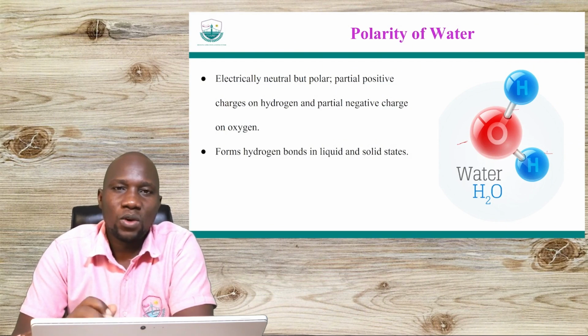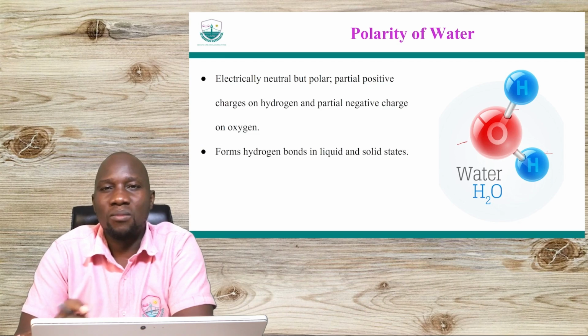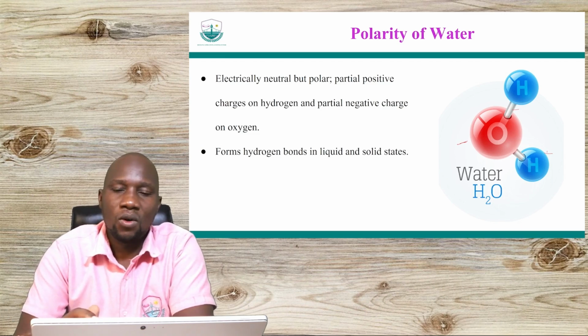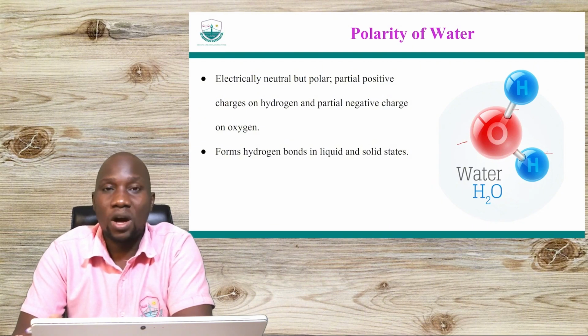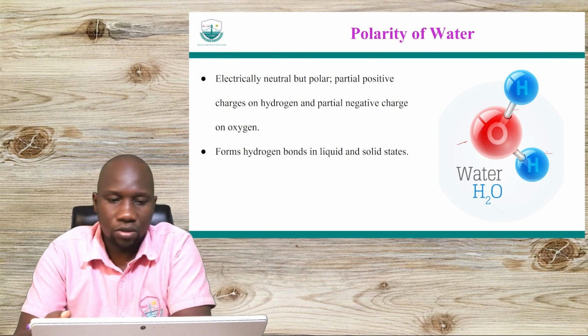Hydrogen bonds are formed when you have electronegative atoms being bonded to hydrogen. Okay, so oxygen is electronegative, therefore it bonds to hydrogen, forming a hydrogen bond.